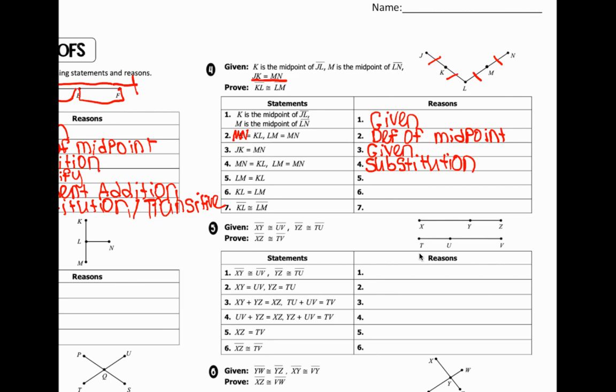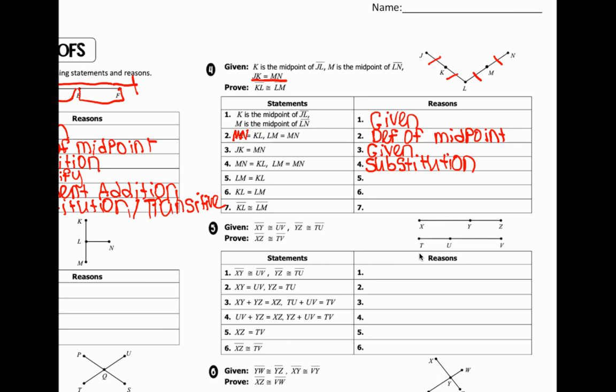Then they said, okay, so now that means that I know LM is equal to KL. So on this one, let's think about the process. We know MN is equal to KL, and we know that MN is also equal to LM by step 4. So therefore, LM has to be equal to KL.